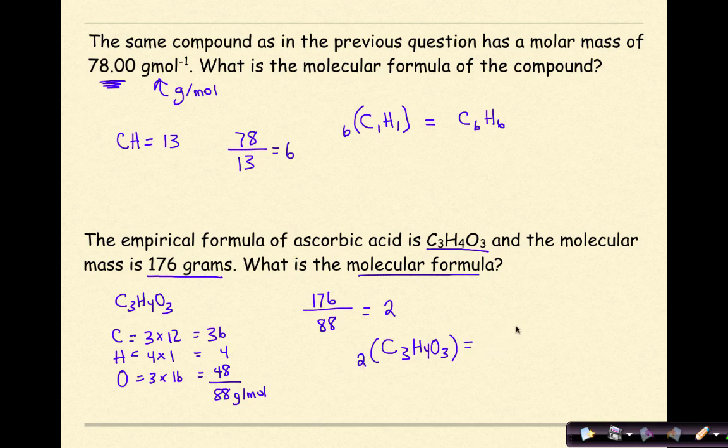So when I do that, I'm going to get C6H8O6, and that is my molecular formula. And I know this is correct because technically I could divide everything here by 2 and get back to my empirical formula.